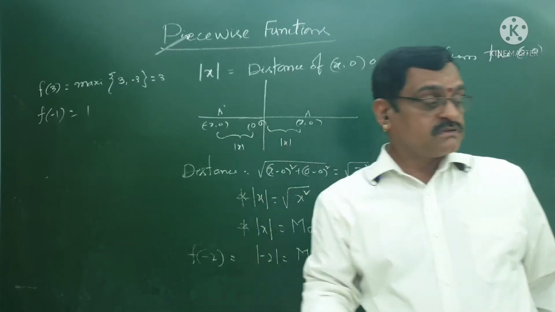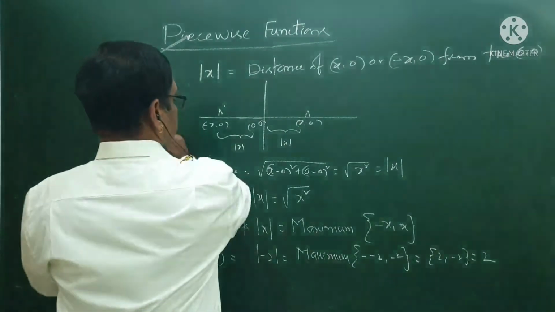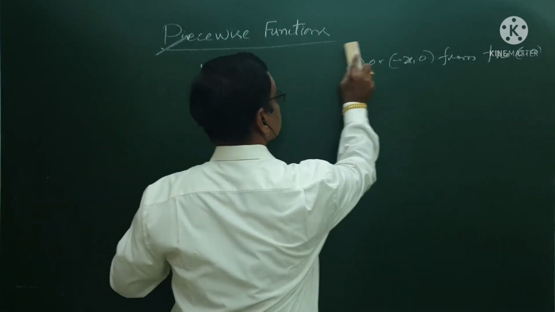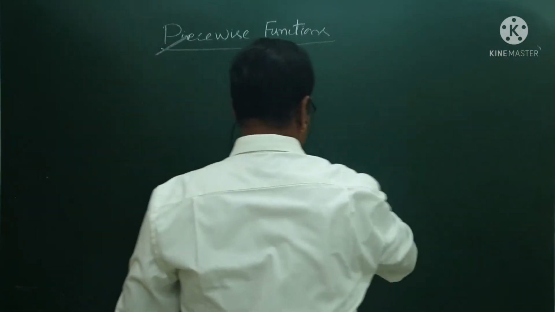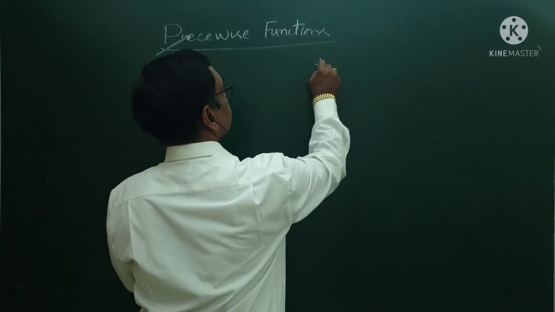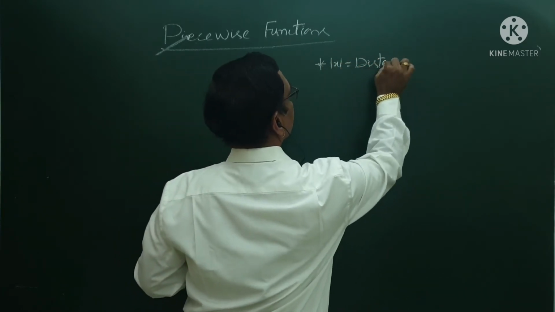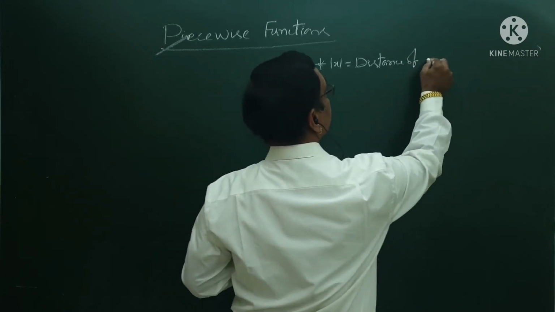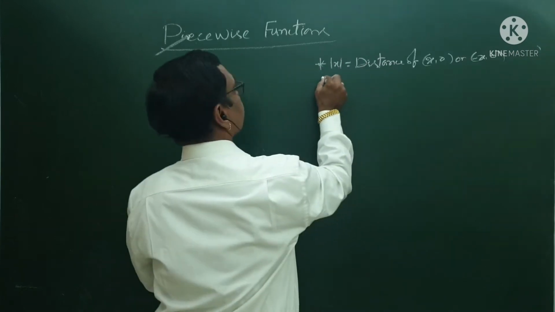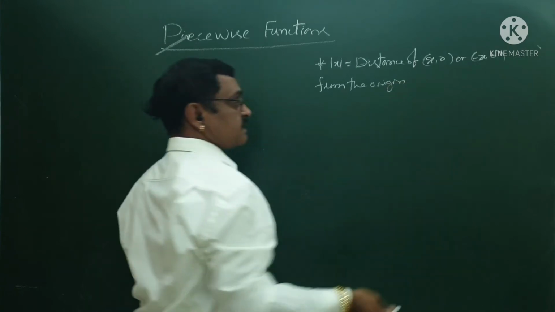Okay, now let me do some more properties, one by one. So number one, mod x is equal to the distance of (x, 0) or (minus x, 0) from the origin.